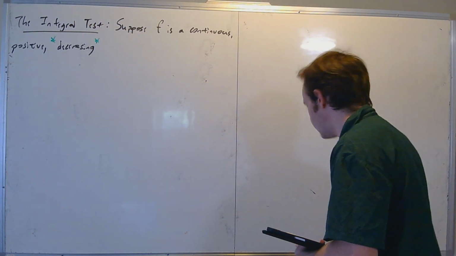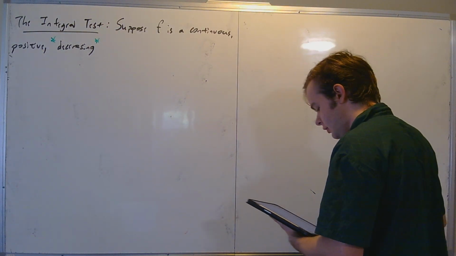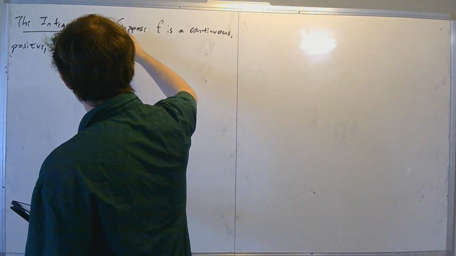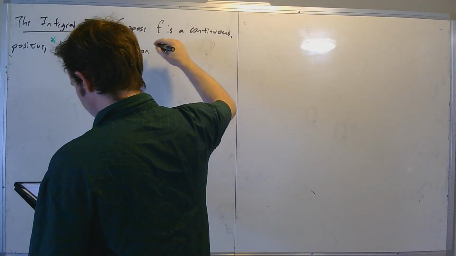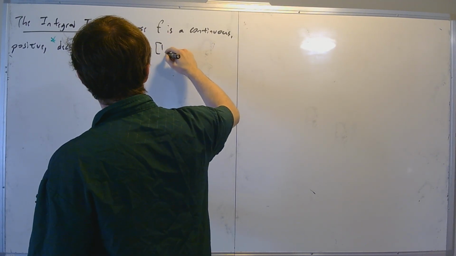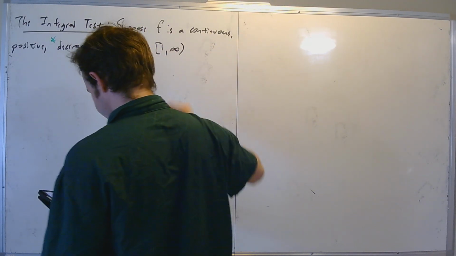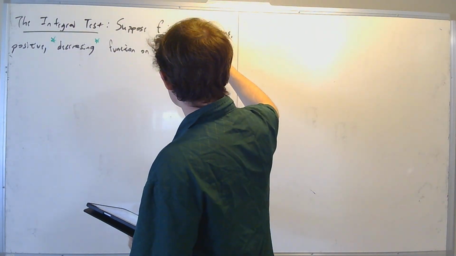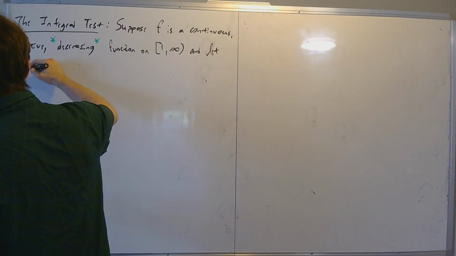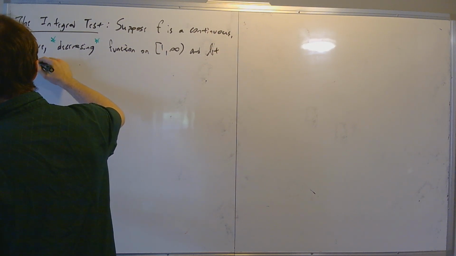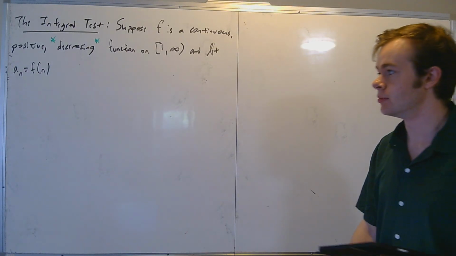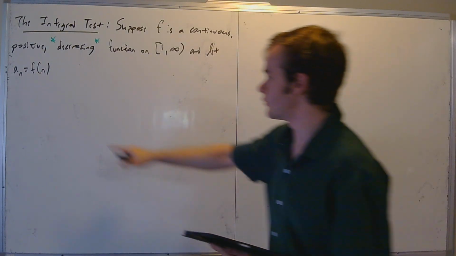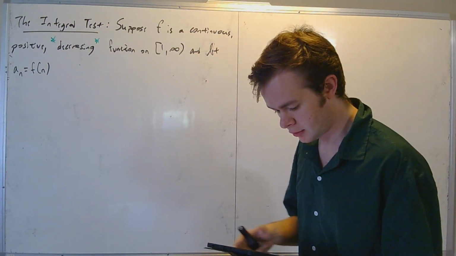But let's say that it's a continuous positive decreasing function on the interval from 1 to infinity, and let a_n equal f of n. Right, so this is our sequence. We say let the nth term of the sequence be whatever our function is of n.